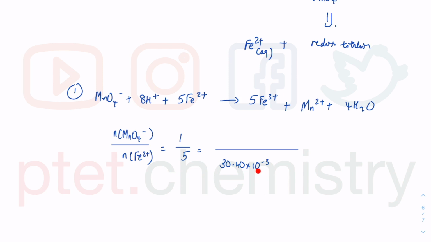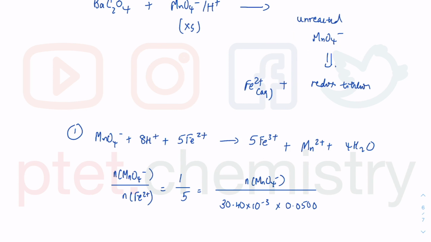I convert to dm cube by multiplying by 10 to the minus 3, because n equals Cv, the concentration is in mole per dm cube, so your volume of solution must be in dm cube. I don't have this information on the manganate, and in fact that is what I want to find. This is how much manganate remains at the end of the reaction, unreacted.